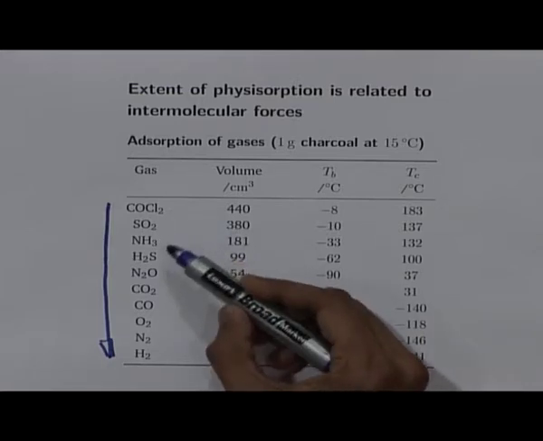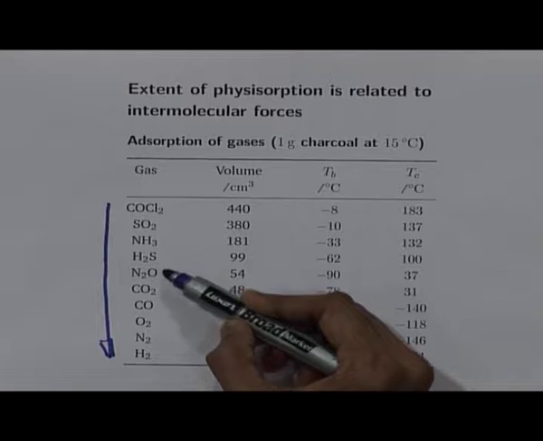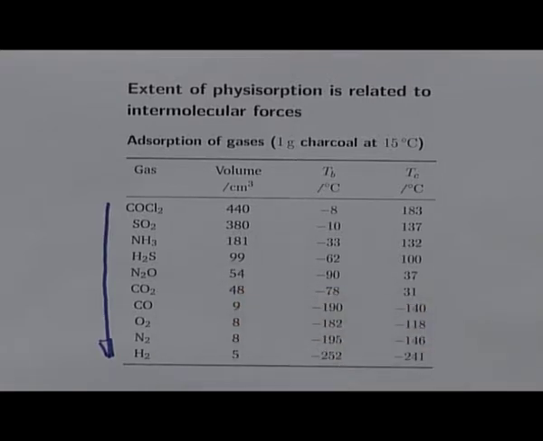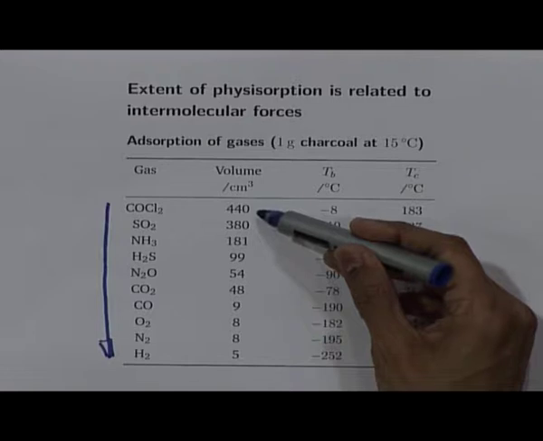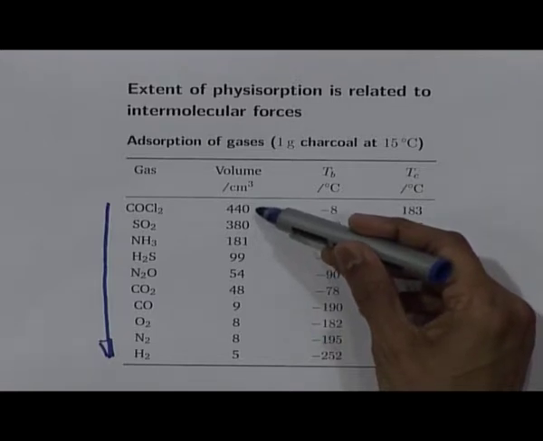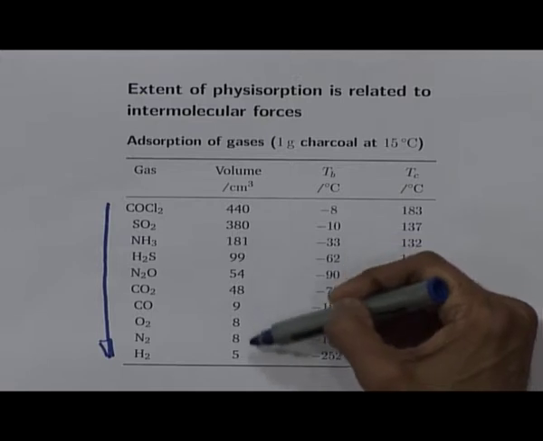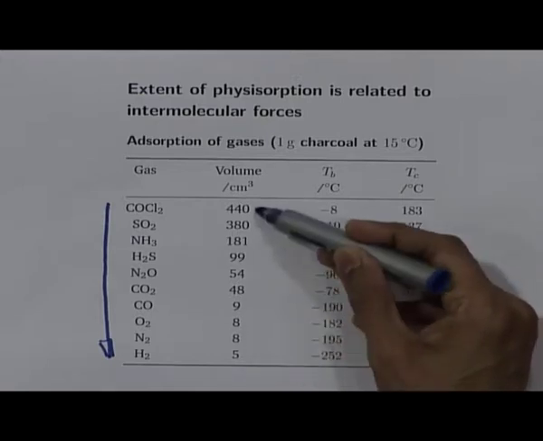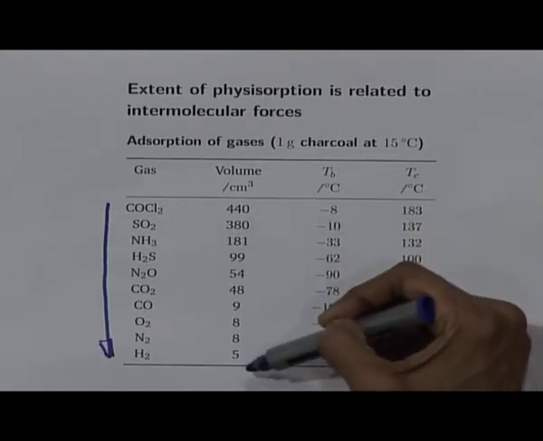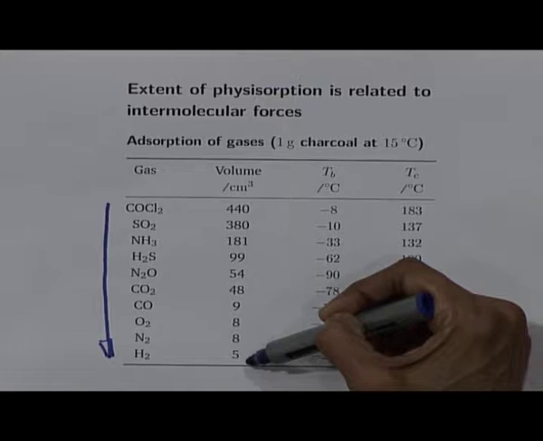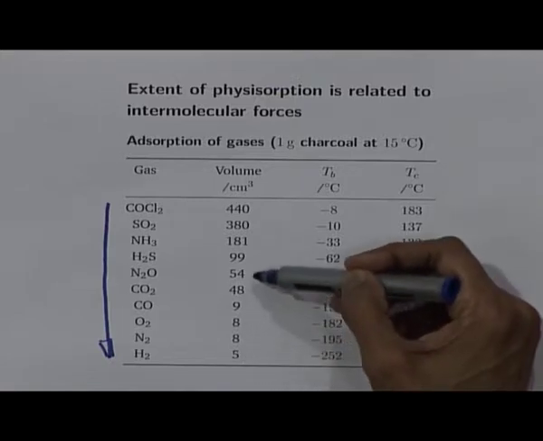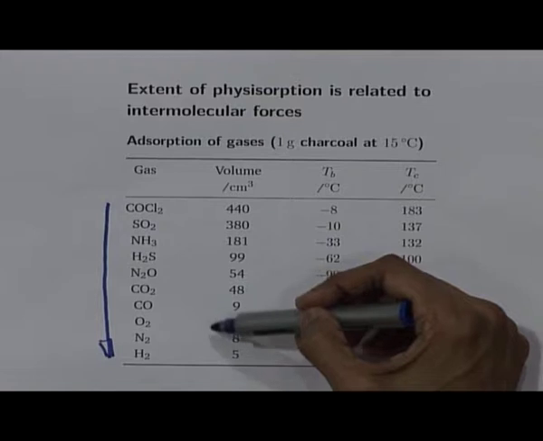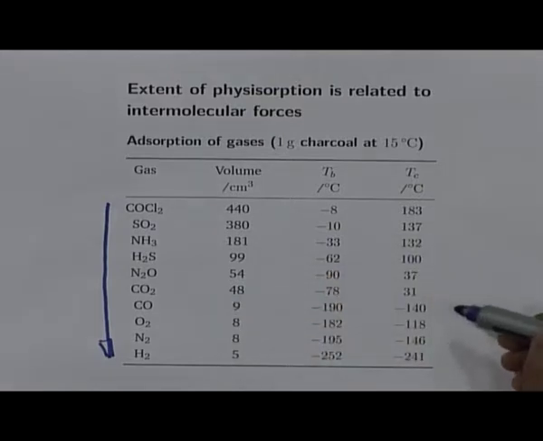There is sulfur dioxide, ammonia, hydrogen sulfide, N2O, etc. And you see that in this list the extent of adsorption, characterized by the volume at STP, decreases as we go down the list. It starts off at 440 cubic centimeters for phosgene and goes down to 5 cubic centimeters for hydrogen. There is nitrogen, oxygen, etc., gases which are of great importance in the chemical industry.